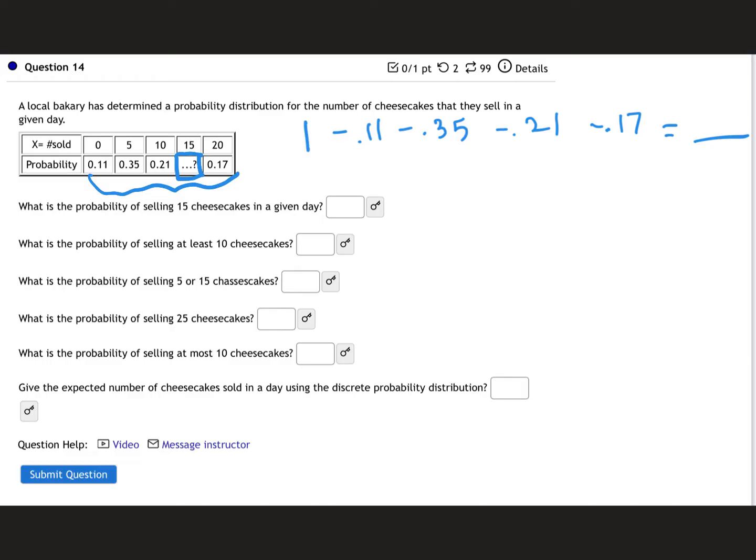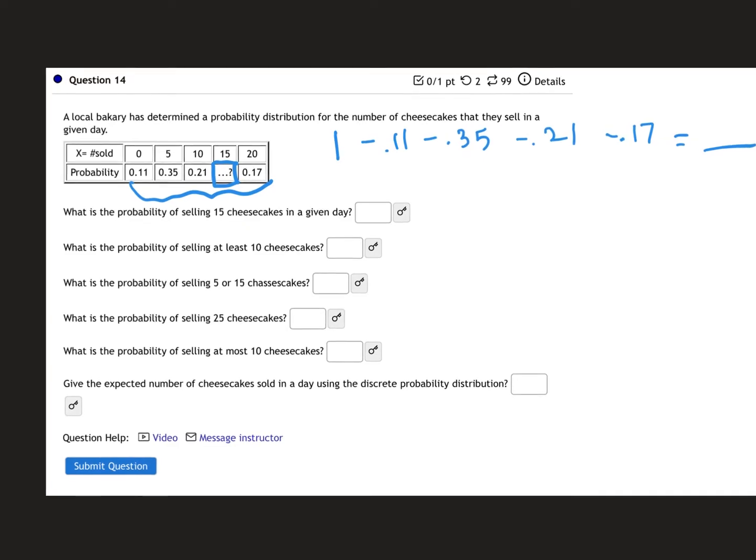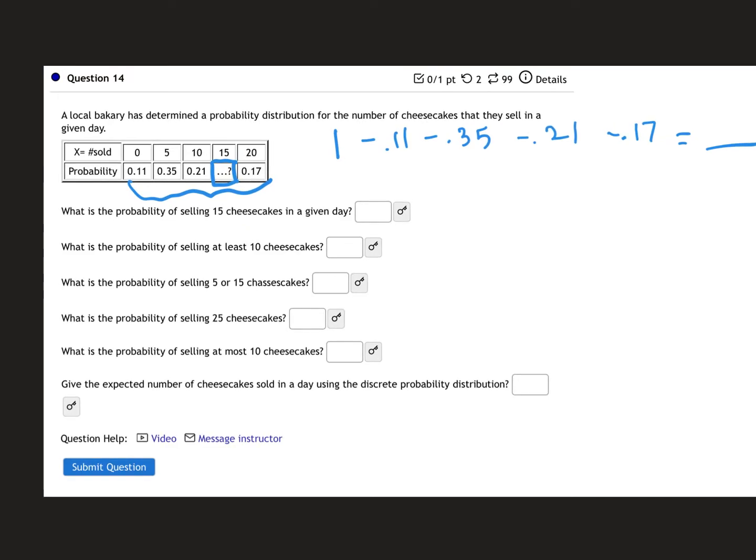And it says, what's the probability of selling at least 10 cheesecakes? At least 10, so 10 or more. That would be whatever this x was, plus 0.21, plus 0.17.